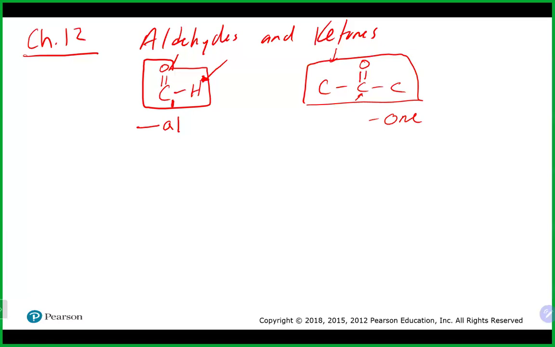We do not necessarily need to use a number where the carbon oxygen double bond is unless we get to like 5-ish or more. When you start getting multiple options of where it could be, then we do need to use a number just like anything else, like an OH or a double bond, triple bond. We want to give the carbon oxygen double bond the smallest number.